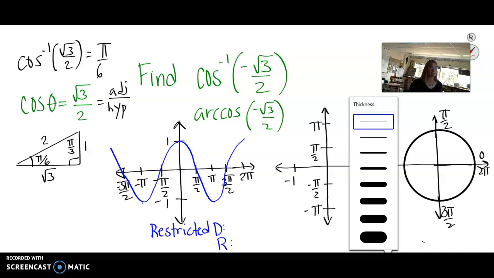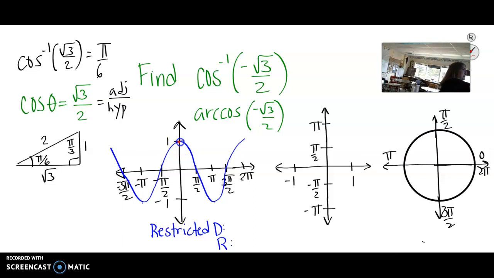So if we graph the inverse, we'd have something going up the y-axis, and we would not have a function. It wouldn't pass the vertical line test. So we restrict the domain to the radian values between 0 and pi. Our range is still going from negative 1 to 1.